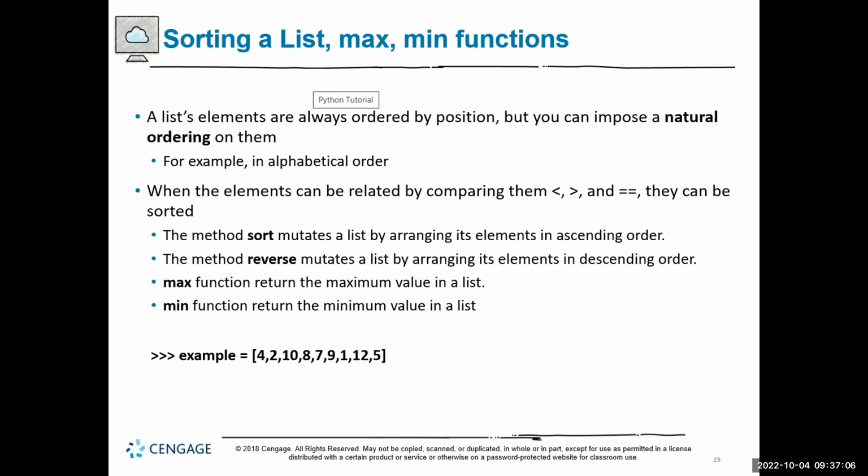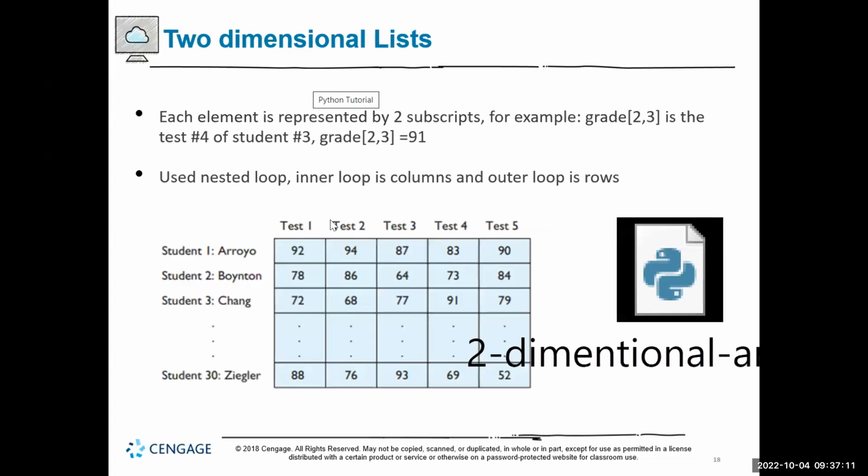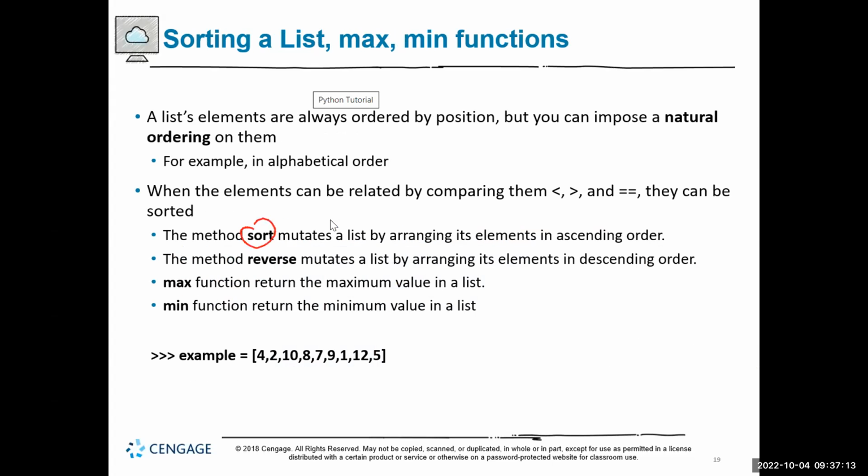In that case, you use the sort method, which automatically sorts into ascending order, and the reverse sorts into descending order. Also, the max function returns the maximum value of the list, and the min function returns the minimum value.